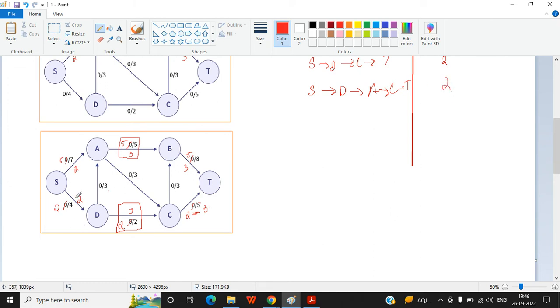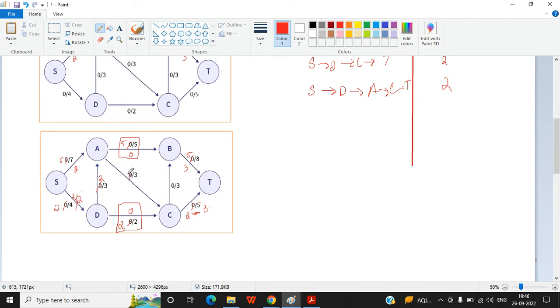Now assign the bottleneck capacity. How to assign the bottleneck capacity? You assign the bottleneck capacity here. Yes, the flow we should change. So 2 and 2 will go now. This becomes 2, this block we can block.